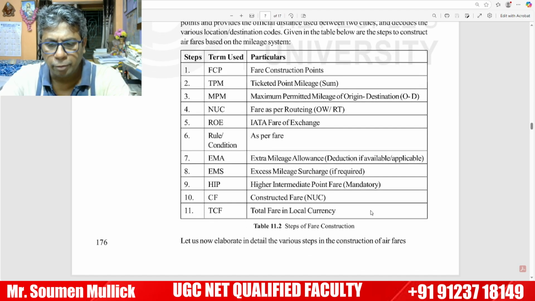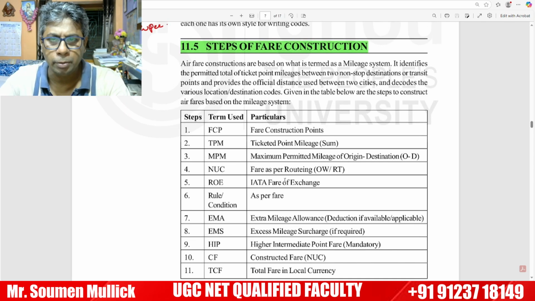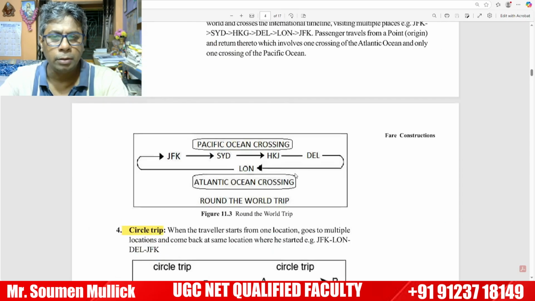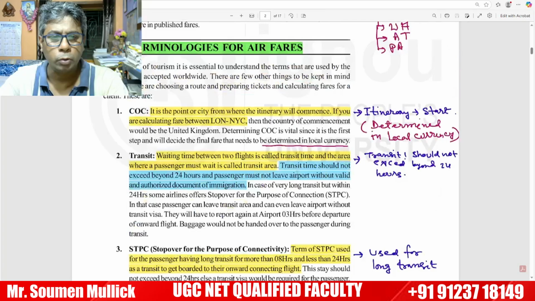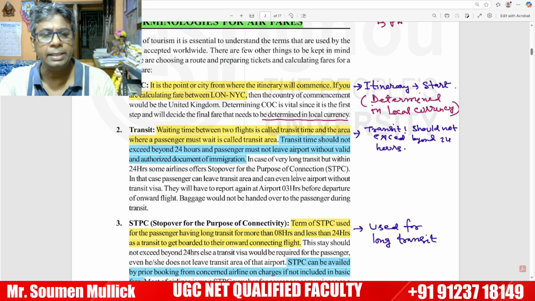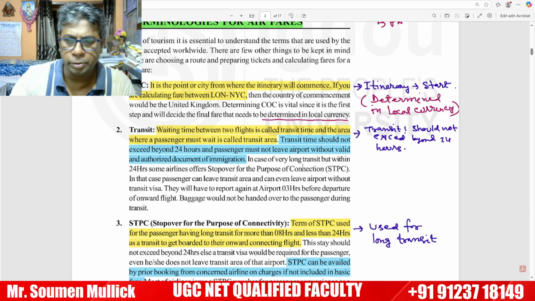These are the steps for fare construction. So these 11 steps, 11 codes we have to remember. And parallelly we have to remember another important terminology of airfare, that is COC. COC is the point or city from where the itinerary will commence.